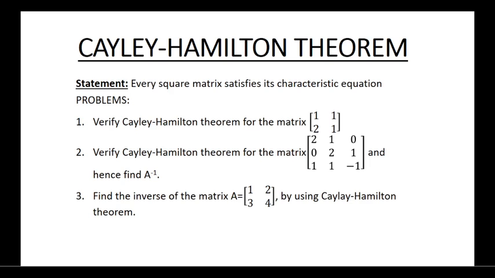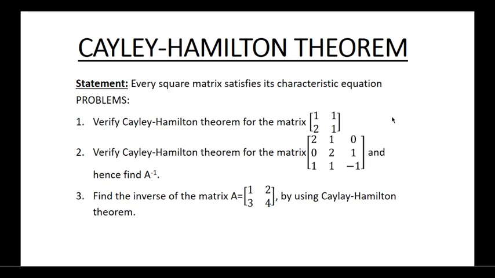Now to verify the Cayley-Hamilton theorem for the matrix with first row 1 1, second row 2 1. First we have to write the characteristic equation. The characteristic equation is determinant of A minus lambda I is equal to 0.